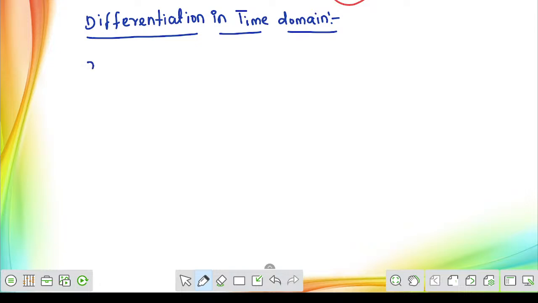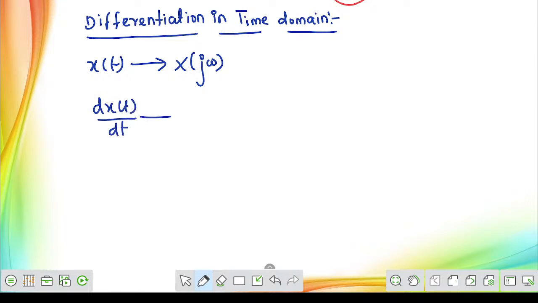Differentiation in time domain means, suppose I have a signal x of t. Its corresponding Fourier transform, what will we write? X of j omega. Yes. If I am differentiating this signal with respect to time, dx of t by dt, then what will be its corresponding Fourier transform? This is going to be j omega times x of j omega. That is called the differentiation property of a signal in time domain.